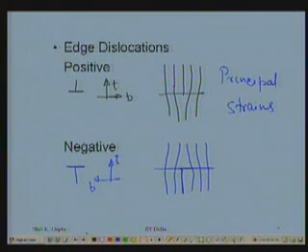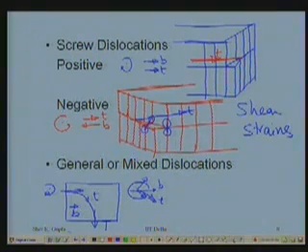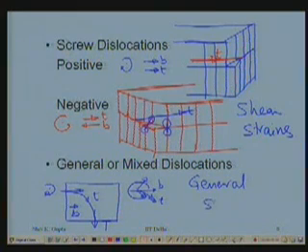However, in the case of mixed dislocation, I shall have the mixed state of strain, I shall have both, or a general state of strain. I could have shear component, I could have principal component. Okay. All right.